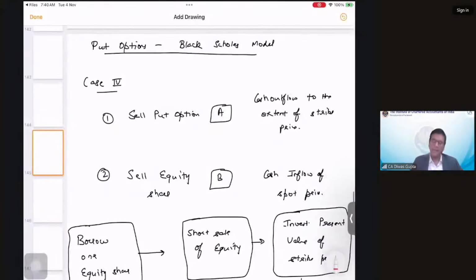Clear? Then let's come to put options, students. So put options is under the Black-Scholes model. Again, we will be using the case number 4, where we are selling the put option, which means we are selling the right to sell.